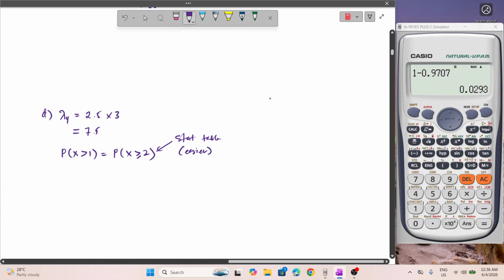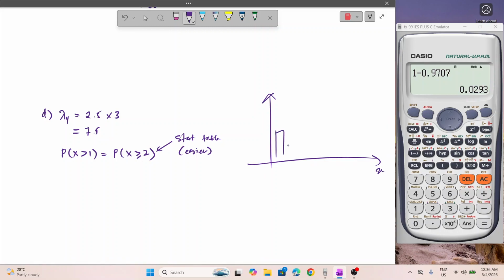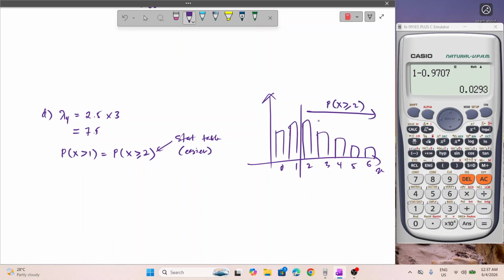Let's say this is our graph. You want to find the probability of x greater than or equal to 2, whereas this is probability of x less than 2.